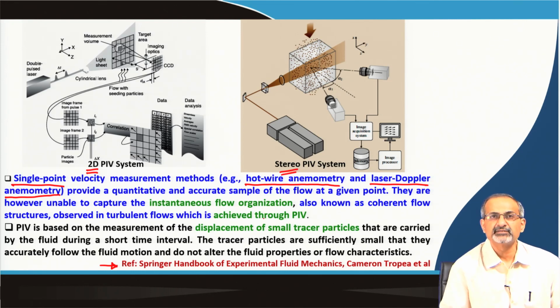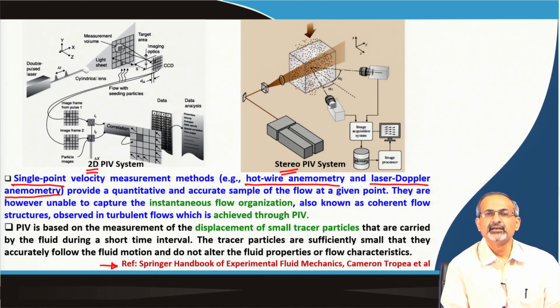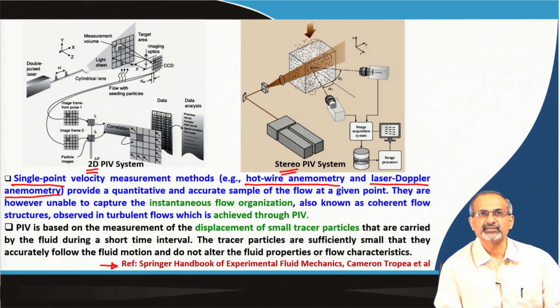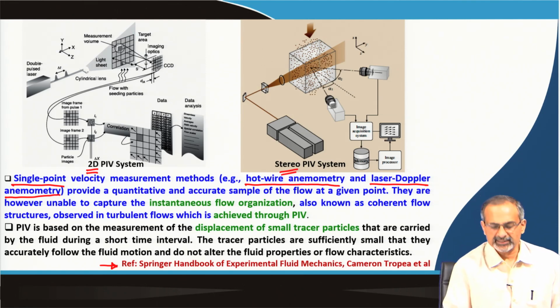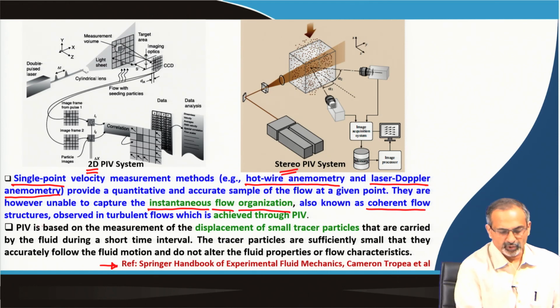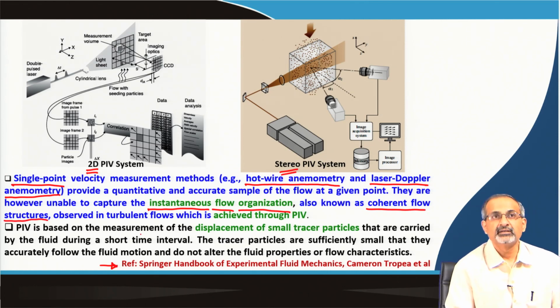However, in particle image velocimetry, you look at a certain region, like the rectangular region which the camera was focusing at in the previous slide. With the help of that, you can capture the instantaneous flow organization, the structures in the flow field, which form what are called coherent flow structures. Such features can be captured by PIV, but cannot be captured through single point velocity measurements.